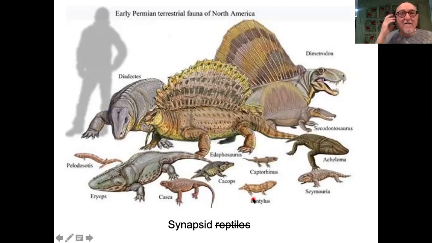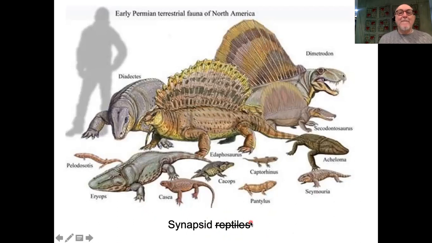You see they vary from enormous predatory kinds to small herbivorous, probably, kinds. And I just put in this correction on your slide. It actually says mammal-like reptiles, synapsid reptiles.